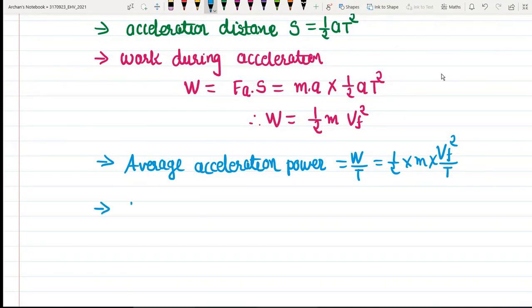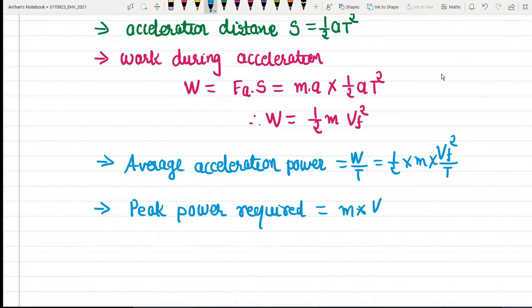And then what is the peak power required? The peak power required is given by m into Vf square by t.